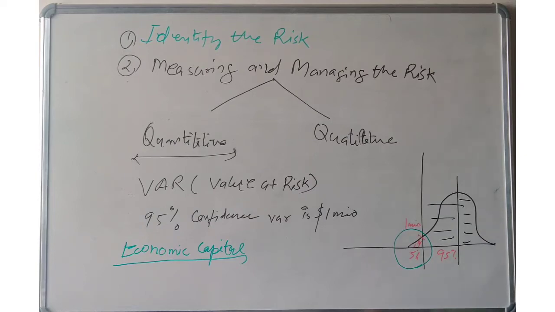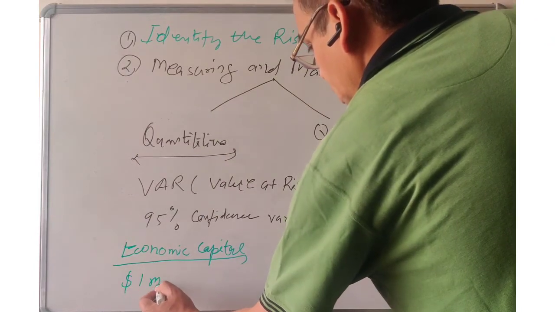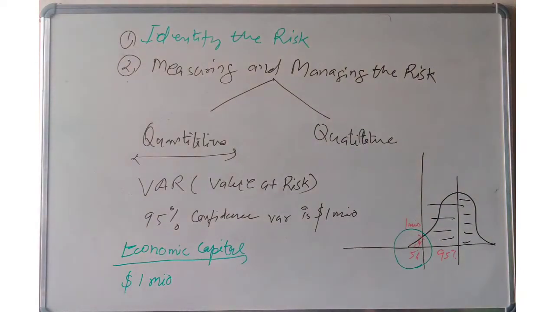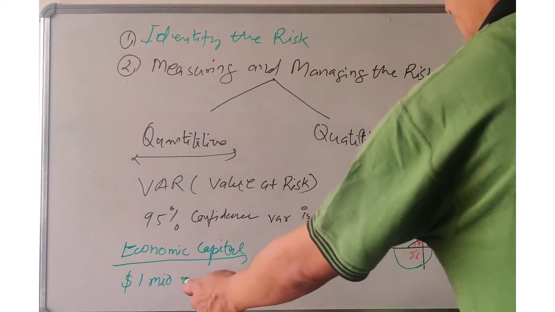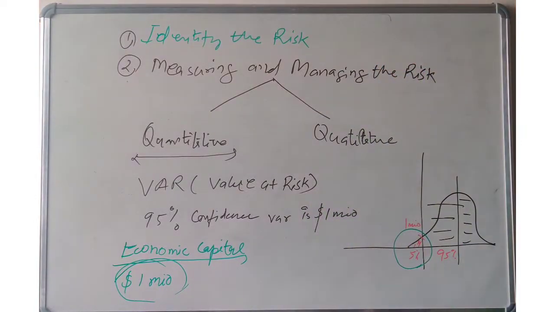Then the economic capital required for the company is USD 1 million. So in the worst case scenario, when the company has a loss of $1 million in a day, they should be able to pay off the losses of that particular period from their liquid assets. So there will be no case of any liquidity crisis or bankruptcy for the company. That is the concept of economic capital in relation to the VAR.